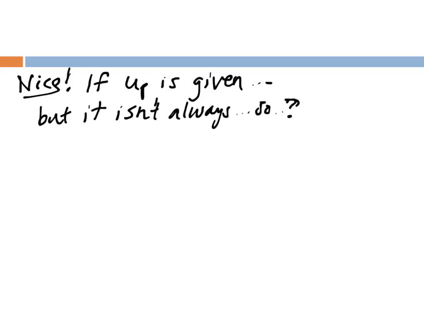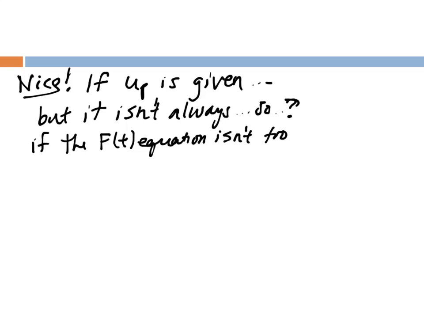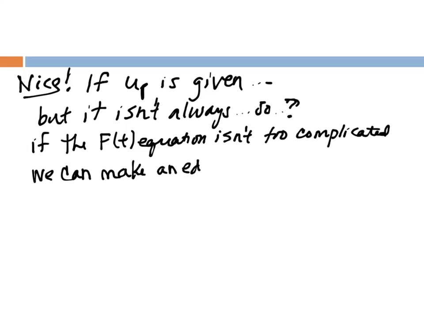Well, if the f of t equation isn't too complicated, then we can make an educated guess and find u sub p. So that's where we're headed next.